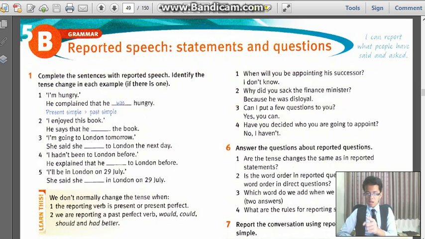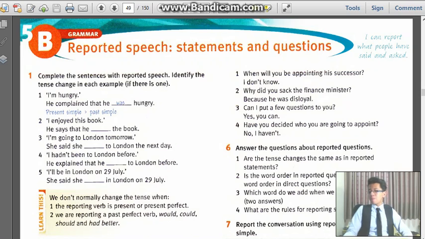But if it is in the past, of course, we have to follow the rules. And also the second situation, when we are reporting a past perfect verb, or would, could, should, or had better, we don't change the tense. So just do it normally.